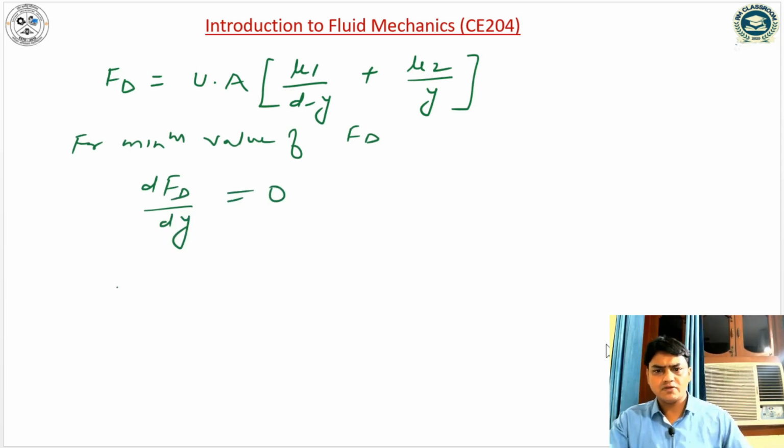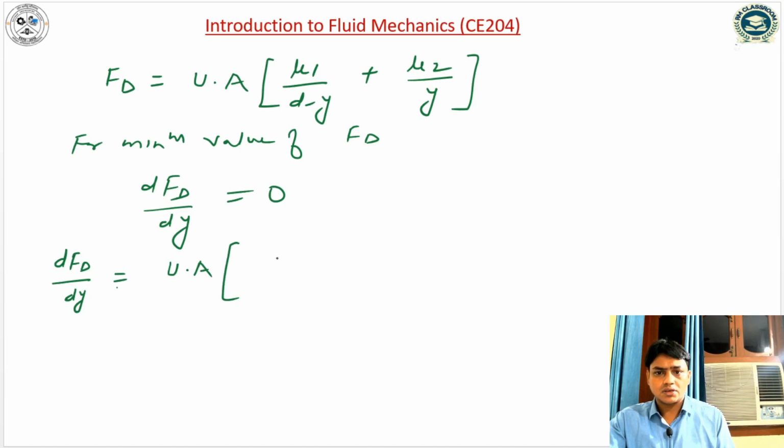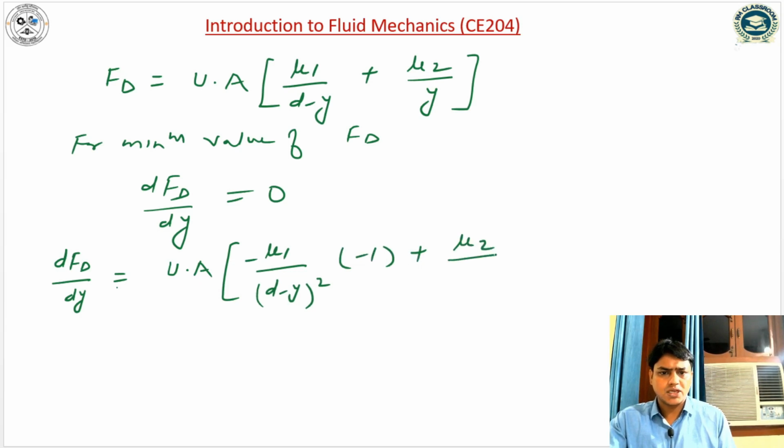So if I differentiate the drag force with respect to y, dFd by dy, u and A are constant, so u into mu1 divided by (d minus y) whole square into minus 1 plus mu2 by y square into minus 1, and it should be equal to 0.